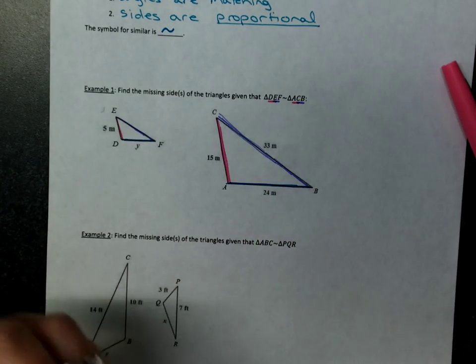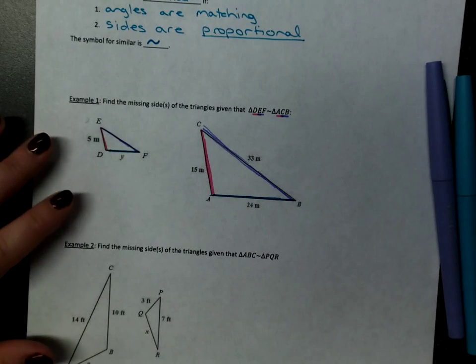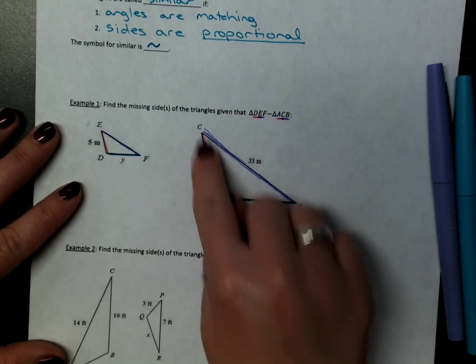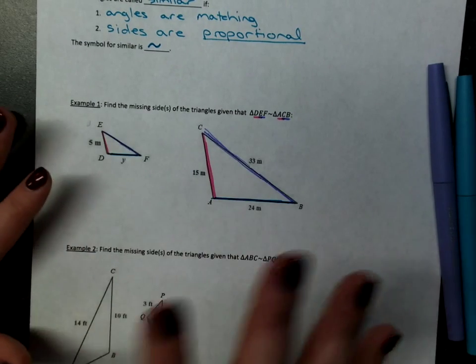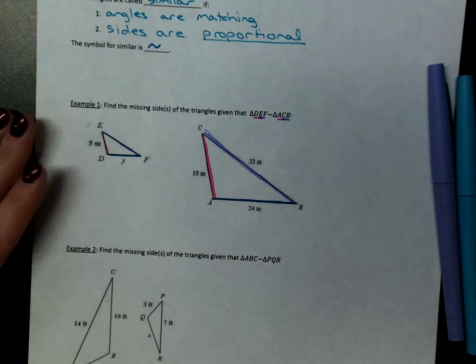So if you have three different color pens or markers or highlighters, you want to mark the proportional sides in the same color. And if you're not sure, use the letters. The order of the letters will tell you the proportional sides.